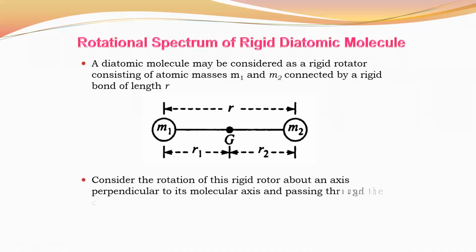Here we consider the rotation of this rigid rotor about an axis perpendicular to its molecular axis and passing through the center of gravity.